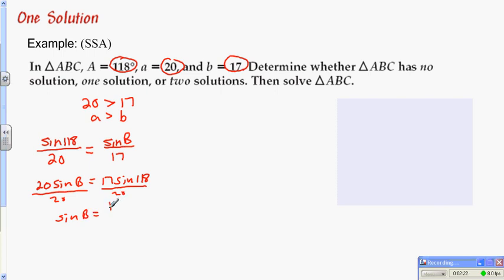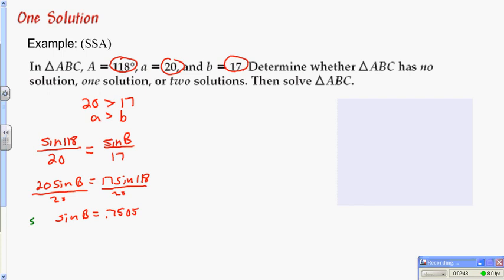We have sine B equal to 17. Actually, I'm going to calculate that out. 17 times sine of 118 over 20 should give us 0.7505. This is an important place right here. We have to decide, how do we find B? Well, we're looking for an angle, so this is the place where you would do inverse.